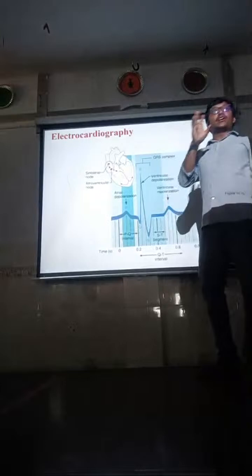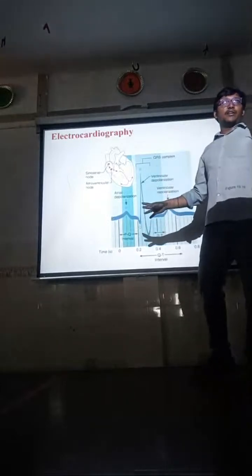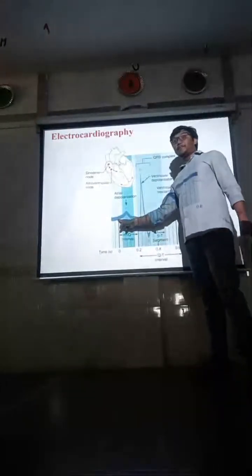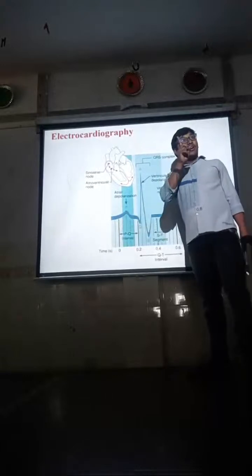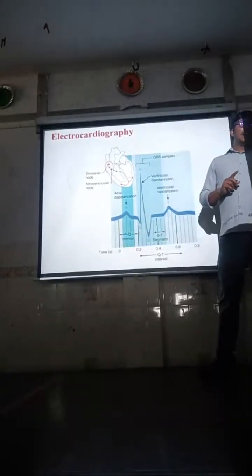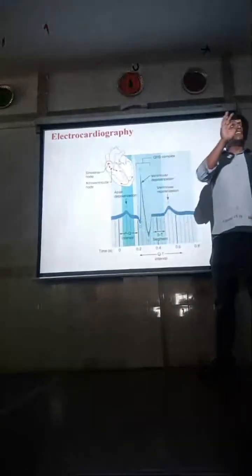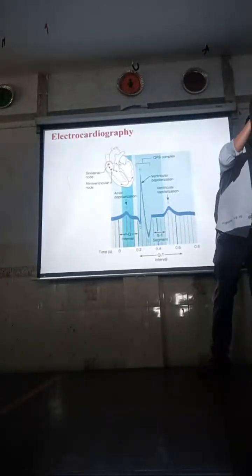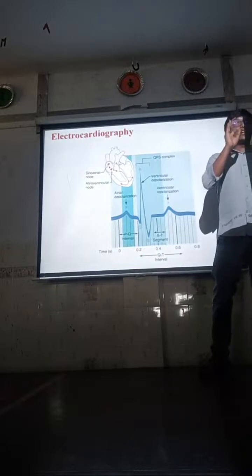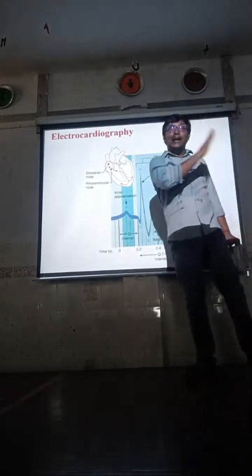Let's take contraction as depolarization, relaxation as repolarization. Now, at the beginning of the P wave, atrial depolarization is beginning. At the beginning of Q wave, atrial repolarization begins. If atrial repolarization is beginning, that means the depolarization phase has ended.